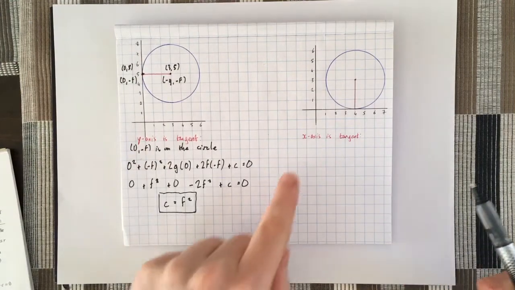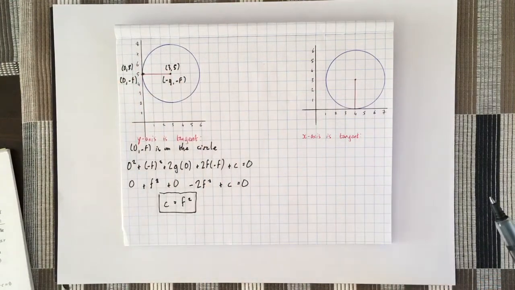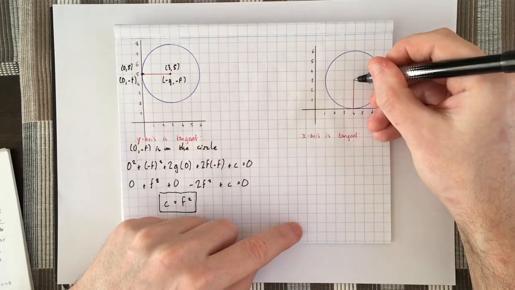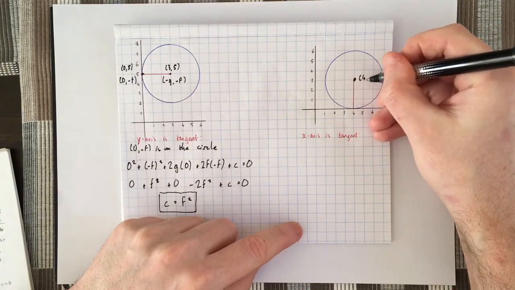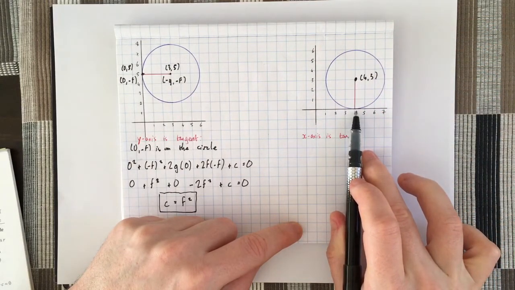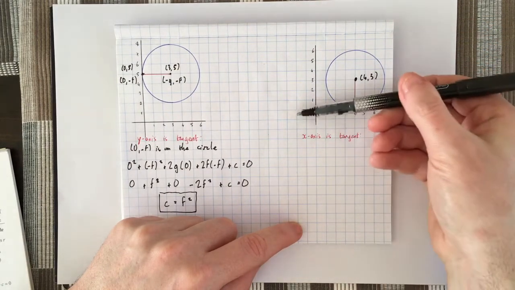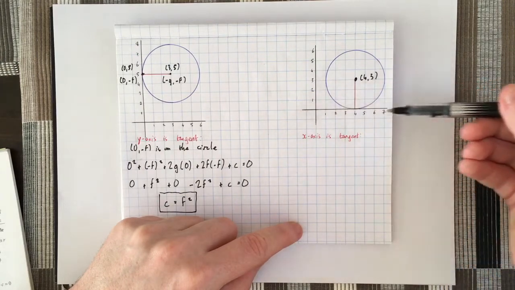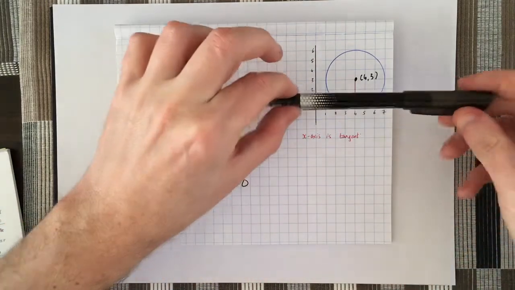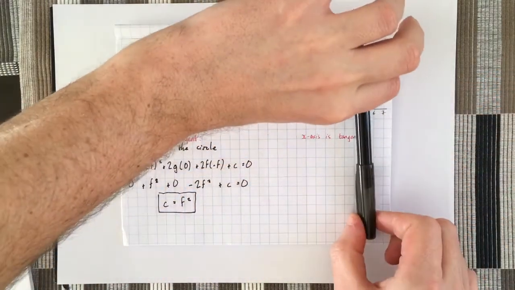All right. We have a similar result then with the x-axis. So looking at this circle here, the center is 4, 3. This point down here then, because the tangent here and the radius are perpendicular, and because the x-axis is horizontal, this must be vertical.